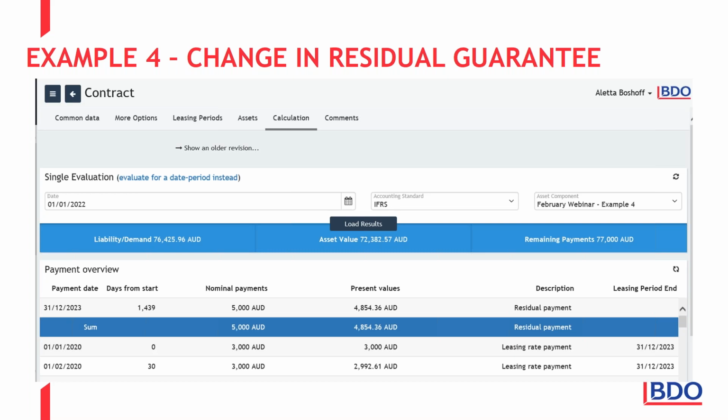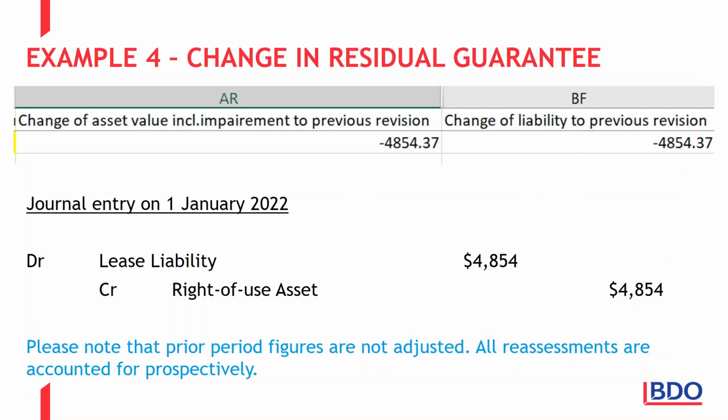So this change is happening on the date of the reassessment, which in this case is 1 January 2023. And then moving forward, this will obviously reduce the value of the lease liability because what's actually happening, you've reduced your payment to be made at the end, and that's got to come out of the calculation.